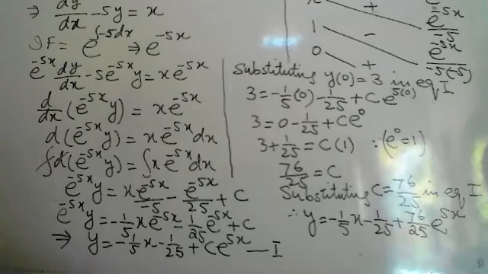This is the final answer: y is equal to minus 1 upon 5x minus 1 upon 25 plus 76 upon 25 e raised to power 5x.